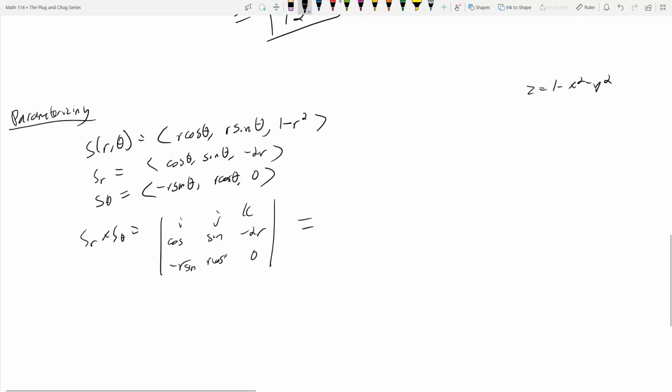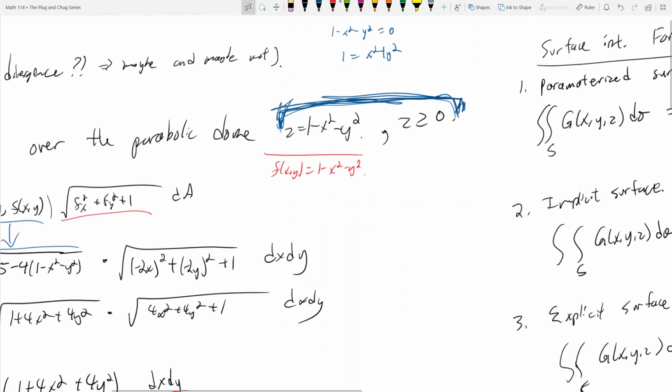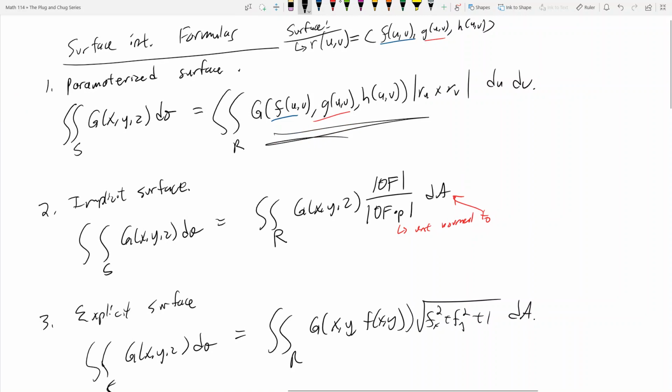And then this becomes 2r squared cosine theta, 2r squared sine theta, r. Okay, so that's the cross product, and now we need its magnitude, because if we go back to the parameterization equation, I know what f of u and v, g of u and v, and h of u and v are, but I need to find the magnitude of r_u cross r_v.